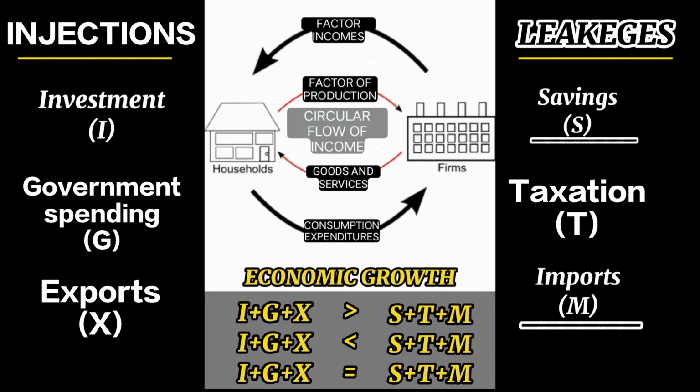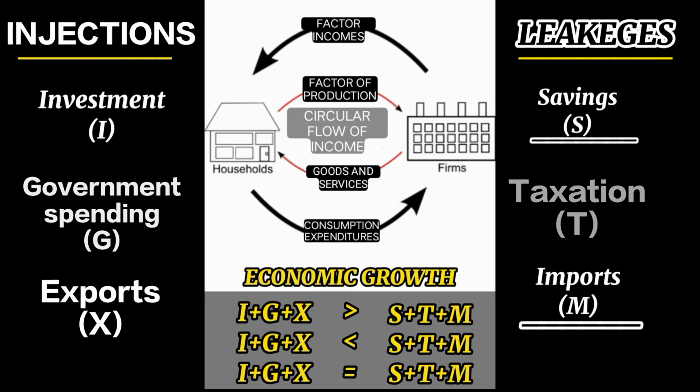Therefore, we call that macroeconomic equilibrium. Leakages and injections are in balance. They are equal to each other, so we can illustrate economic growth using our circular flow of income. But we can also get to an actual figure of GDP. Our measure of economic growth is GDP, standing for gross domestic product.